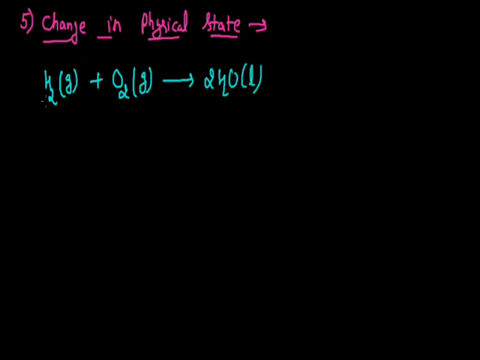Here we can see that the initial physical state of the substances is gaseous, while in the process they are converted into liquid state. So since there is a change in physical state, this may be an example of chemical change.